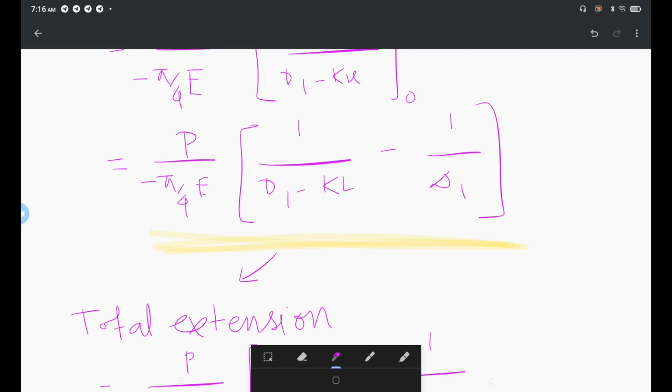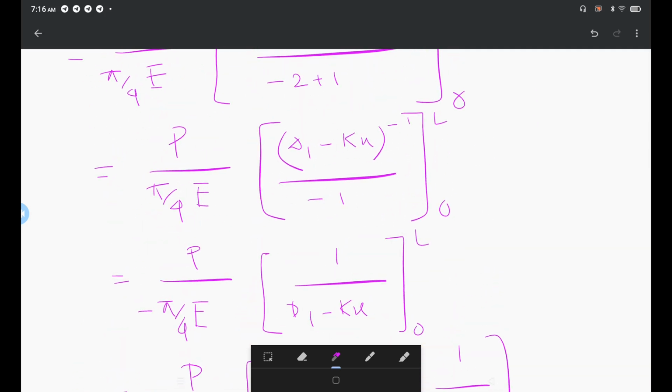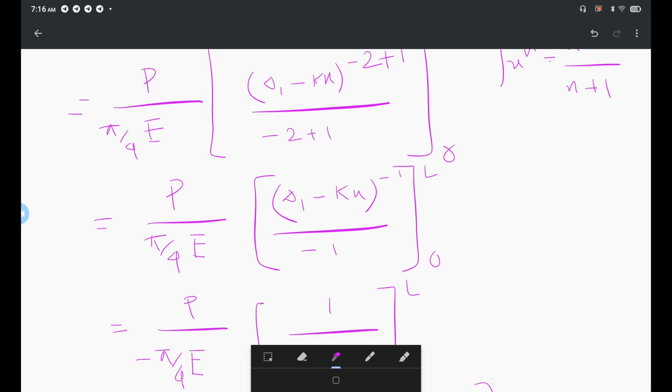Oh, sorry. Here our integration is (d1 minus kx) to the power minus 1 upon minus 1, and we have to take the derivative of that part, d1 minus kx.